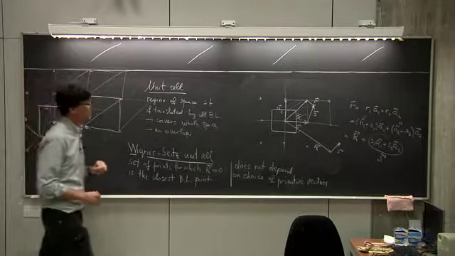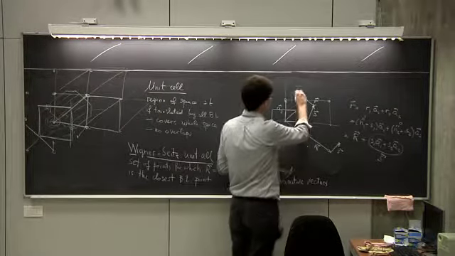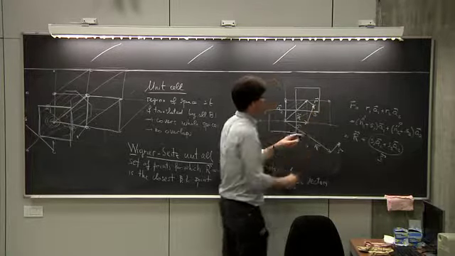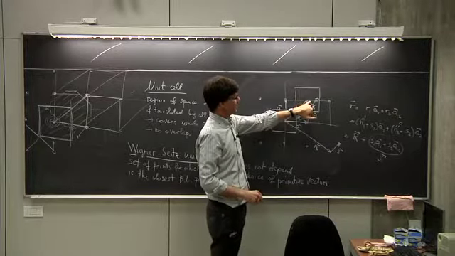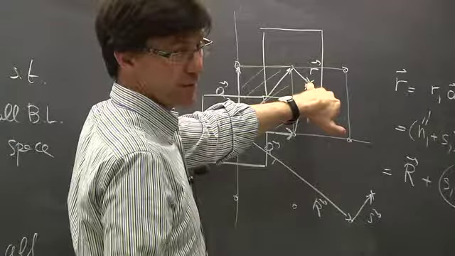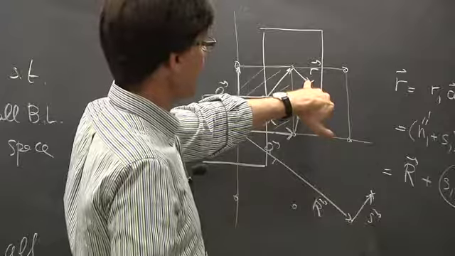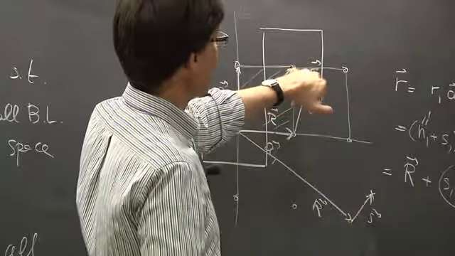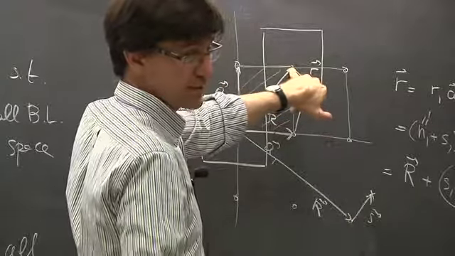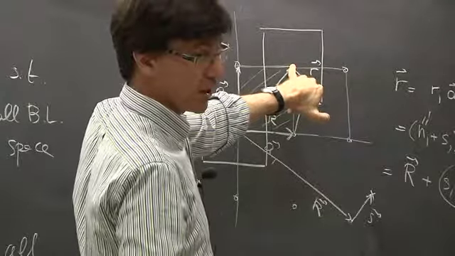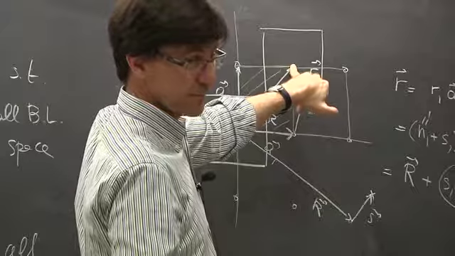So if I translate it, it will end up here. What does it mean? That this point is the closest Bravais lattice point to this one. So if I take an arbitrary point in space, and I want to assign the corresponding Bravais lattice point to which it belongs, I simply have to look for the closest Bravais lattice point.